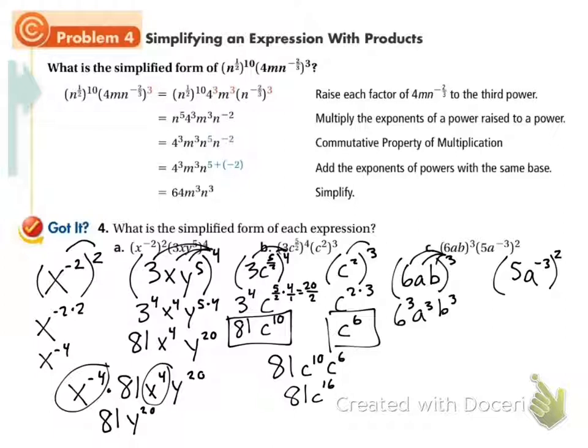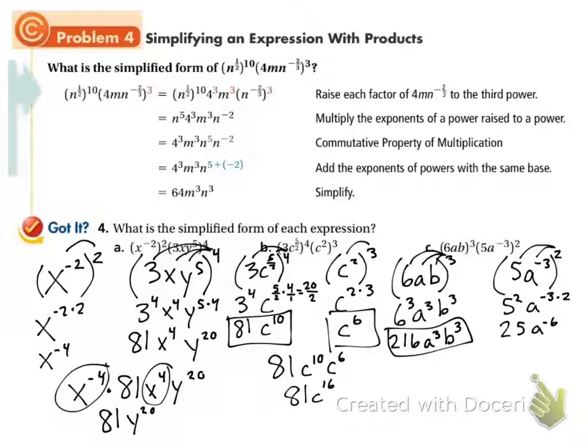That gives us 216. So I've got 216, a to the third, b to the third. So there's that answer. Now I need to rein in the 2. I get 5 squared, and I get a to the negative 3 times 2. 5 squared is 25. And that turns into a to the negative 6.